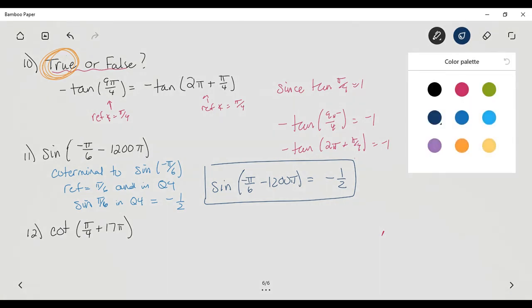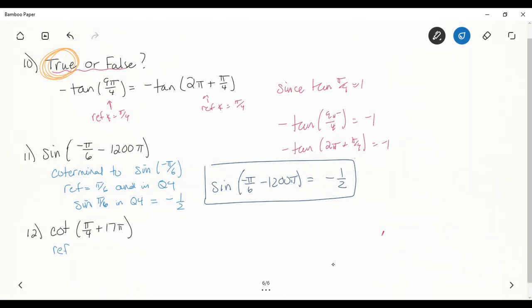Last but not least, to finish this up, pi over 4 plus 17 pi. 17 pi is an odd pi, so it's on the negative x-axis, and you're going pi over 4 more. So you're actually in quadrant 3. Your reference angle is pi over 4, and it is in quadrant 3. So the tangent of pi over 4 is equal to 1.